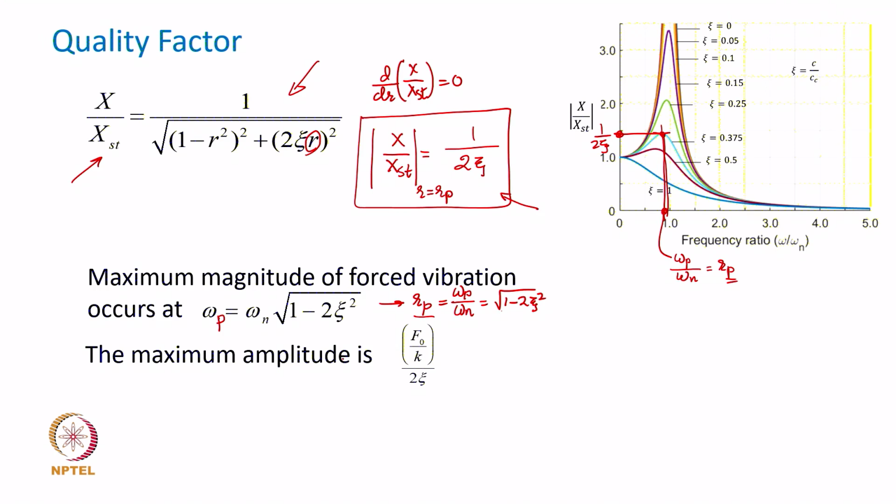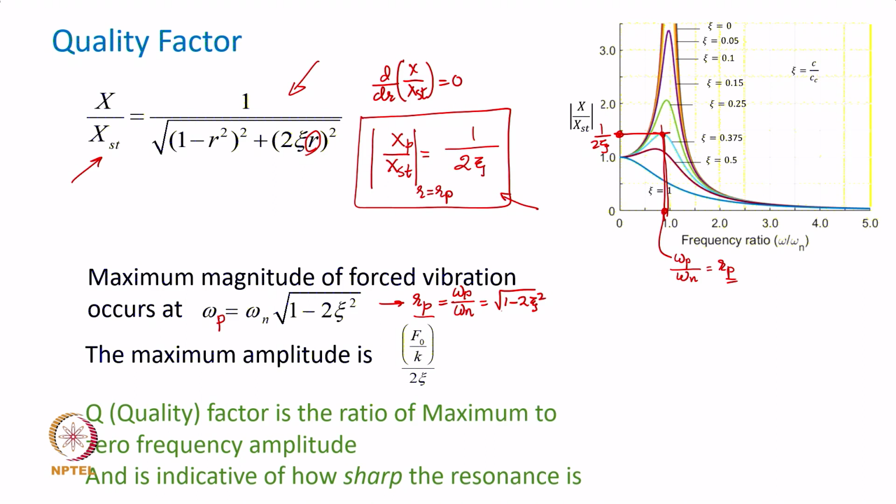Now, the maximum amplitude itself, as I showed here, is given by x_p, which is x_st divided by 2 zeta. Now we introduce a very important factor in the forced vibration case, called the quality factor, which is defined as the ratio of the maximum amplitude to the zero-frequency amplitude, and that ratio is indicative of how sharp the resonance is.